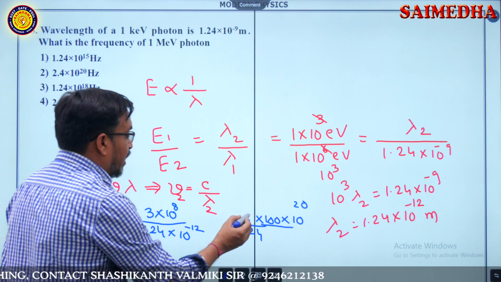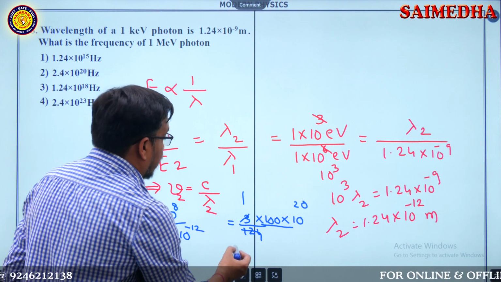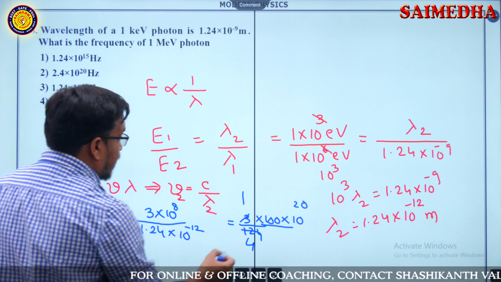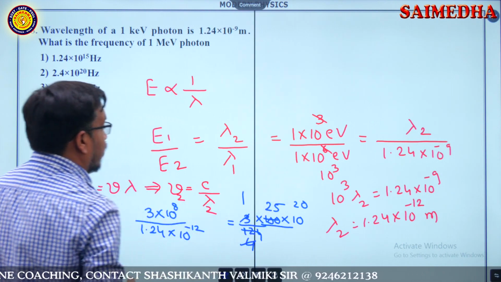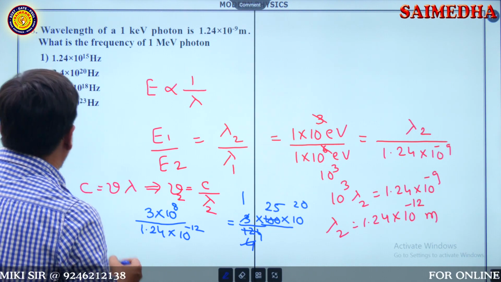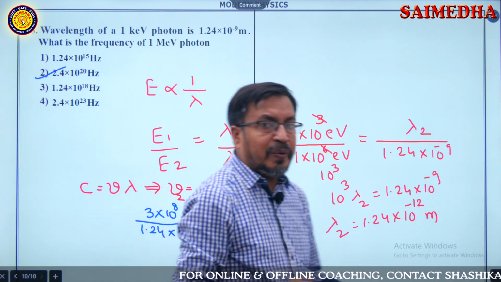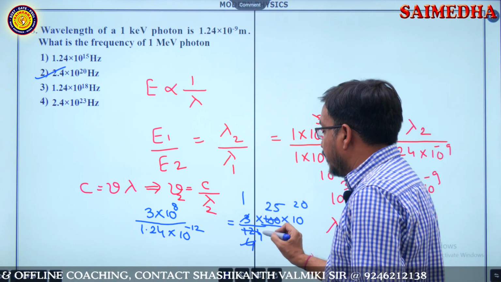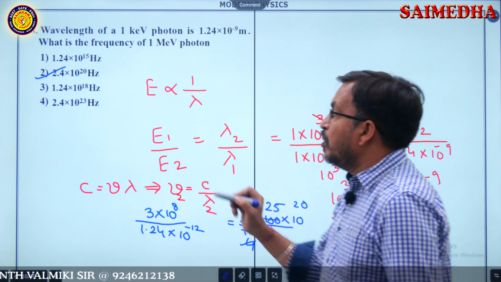Now 3 by 1.24, nearly 4, so 4 into... that is how much? 2.5. So the approximate answer is 2.5 into 10 power 20 hertz.